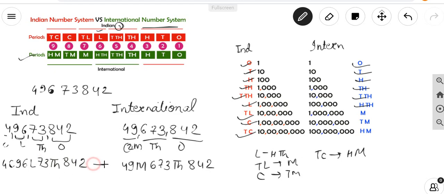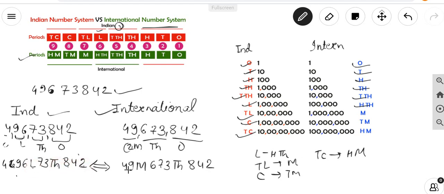The value and the meaning are the same, but the way of speaking and the way of putting commas is different in the Indian number system and the international system. The meaning of both is the same, but the way of writing and speaking the same number is different. In the Indian number system we will pronounce it as 96,73,842.